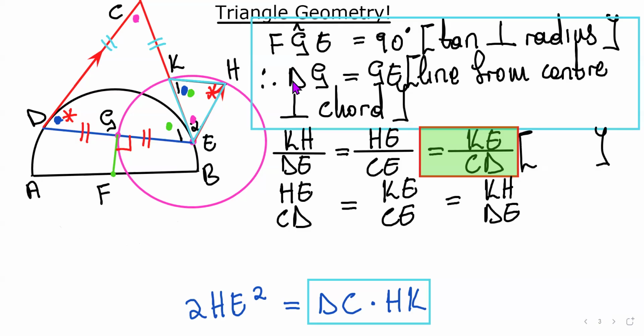Okay, fine. Supposing we wrote it this way, then can it help us? Let's see. Well, let's look at what we are hoping to achieve and make a conclusion from there. So according to this, can we get CD times HK?